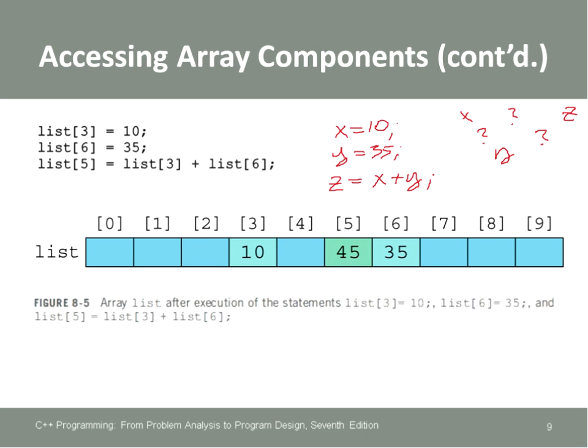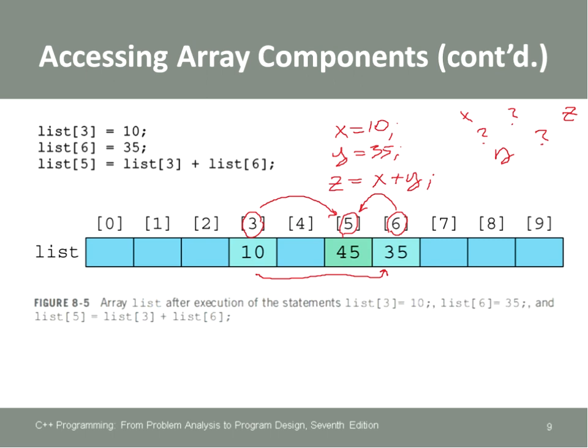The nice thing here is, because you are referring to index items 3 and 6, and the result is going to be stored in 5, you can have simple arithmetic to calculate where these physical locations are, and how we store the result of that in our physical memory.